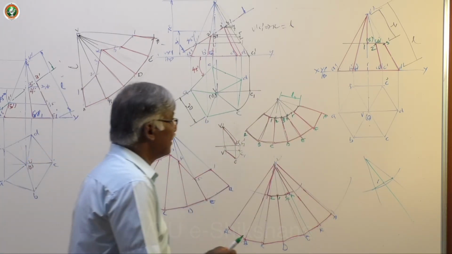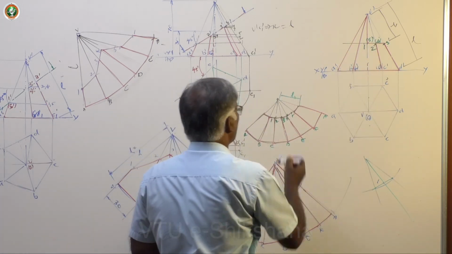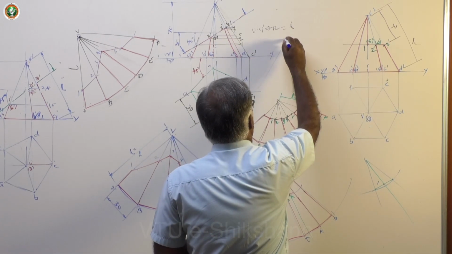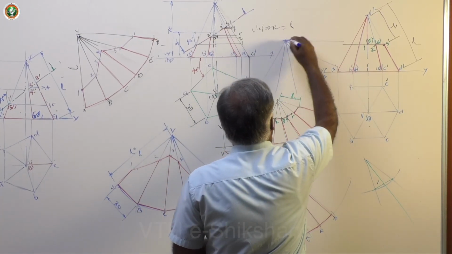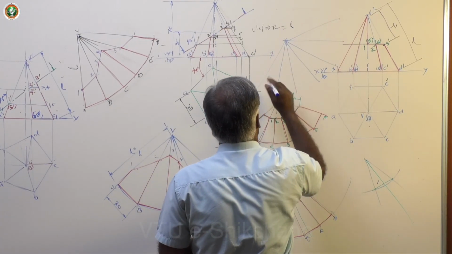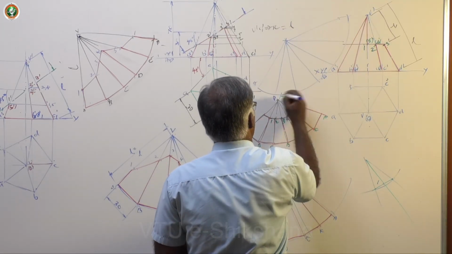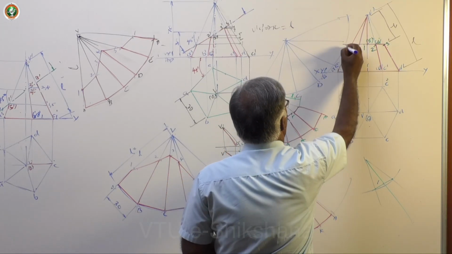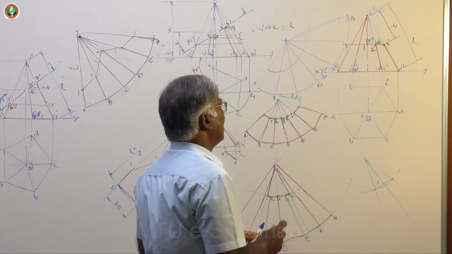Suppose that somebody wants the same thing here, same type, you have the reference 1, 2, 3, 4, 5, 6. Now, let me name A, B, C, D, E, F, A. Now, draw this again.